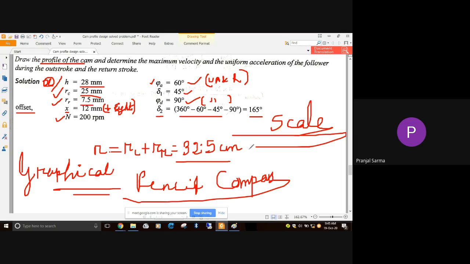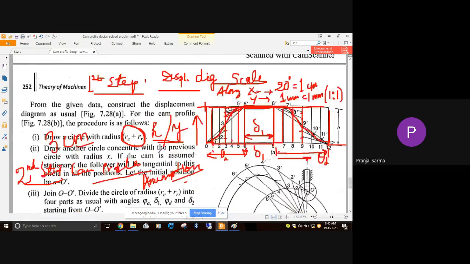How do we get all the data from graphical methods? From what you have drawn, whatever curvature is there, if we know the scale, we should be able to get the actual value. That is the meaning of graphical method. I hope all of it is clear to all of you.